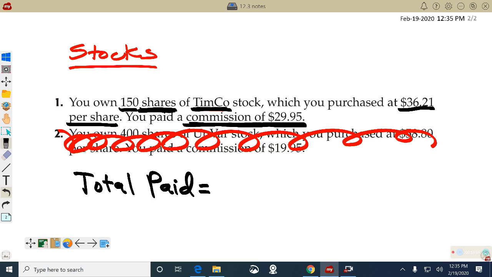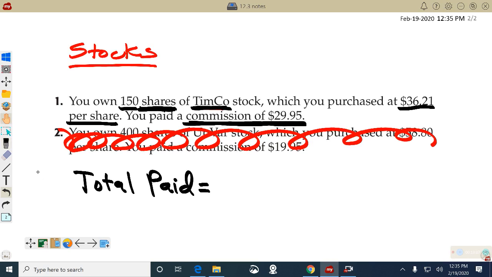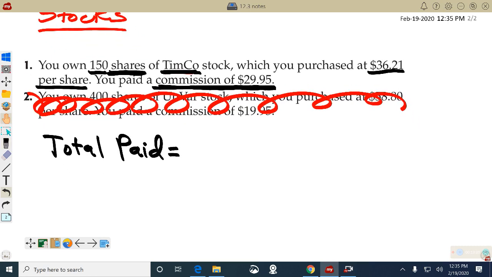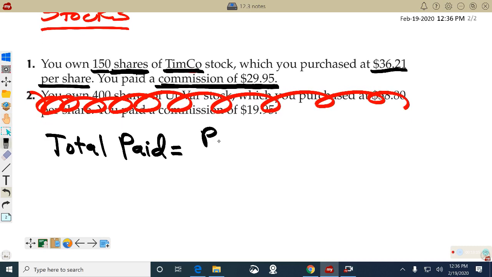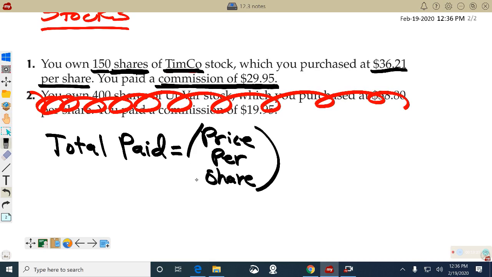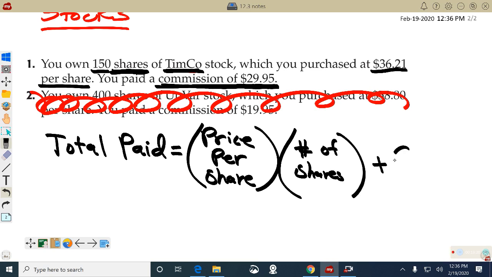All right, the total paid would be, here we go. How much are we going to pay for this investment in Timco? It's price per stock, or price per share. I'm going to write price per share times the number of shares plus commission.